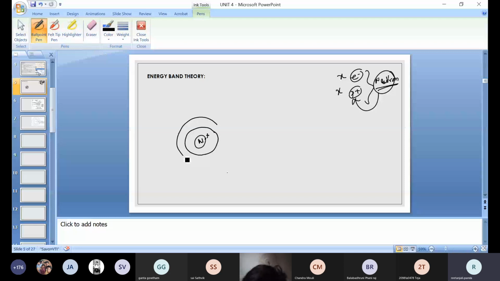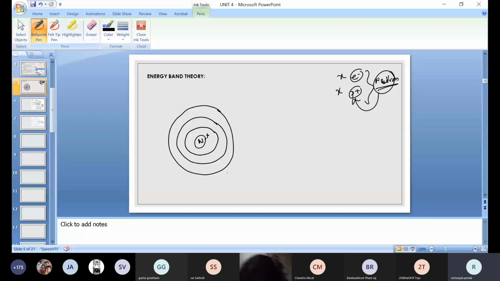Okay, so this Bohr's atomic theory is actually having 4 postulates. Okay, how many postulates? 4 postulates. So in these 4 postulates, the first postulate is saying that electrons are moving around the nucleus. Here you see this one.